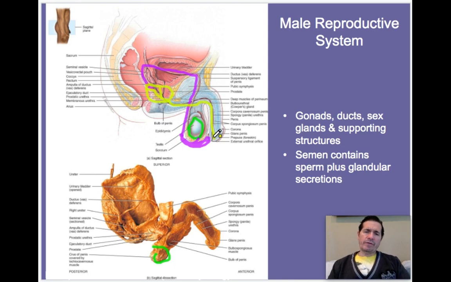So I want you to understand that this is a rather important concept, that the merging of our urine right here and our reproductive product goes in through the prostate gland, which is right here. So we will look at those structures. But it's kind of interesting to see what the cadaver looks like so you have a better clarification of what the real images are.